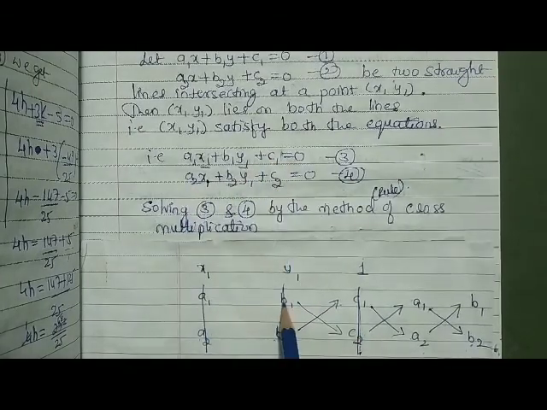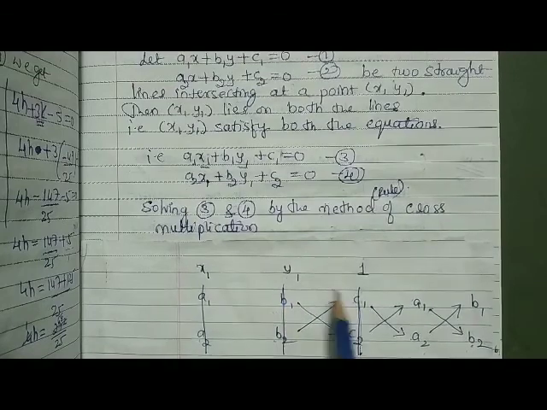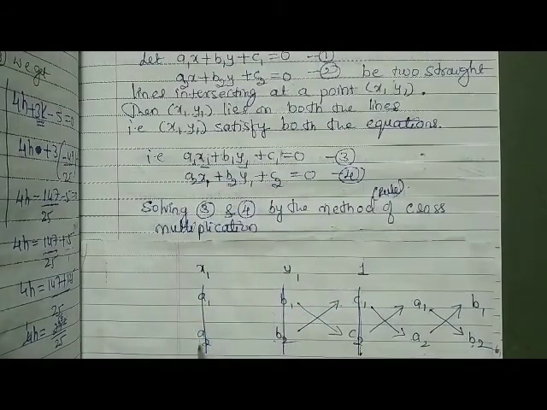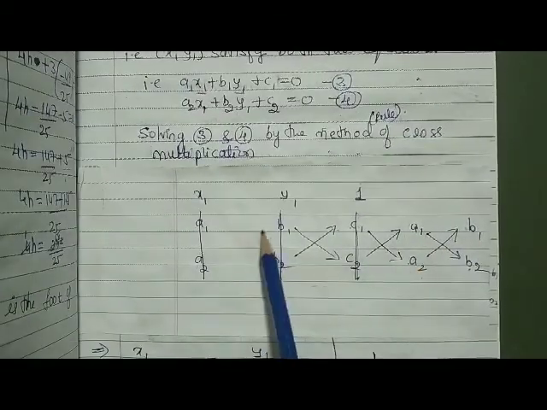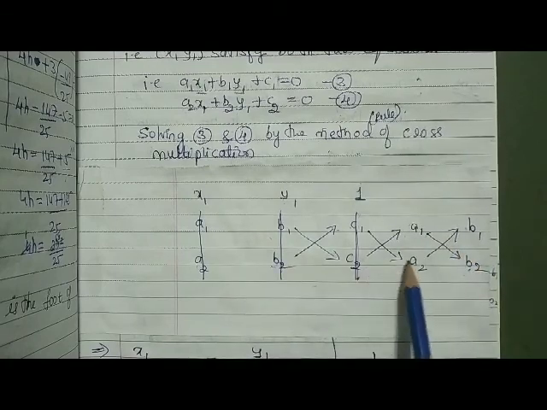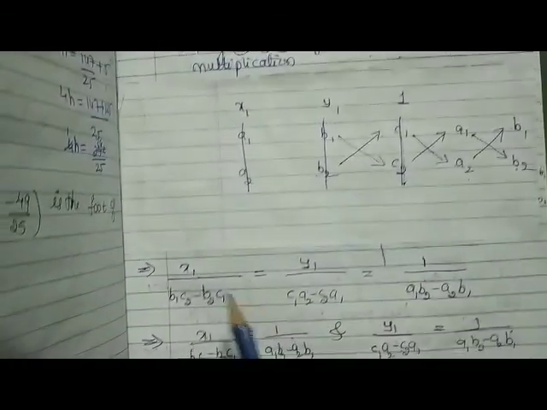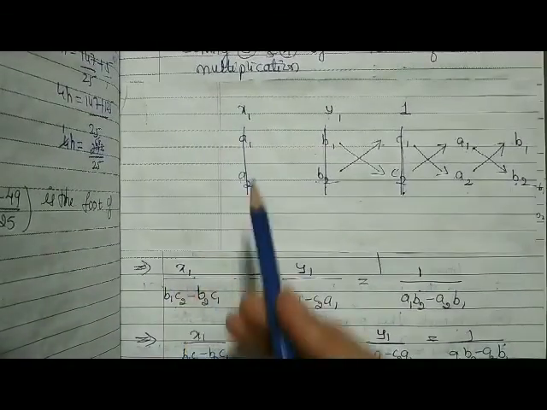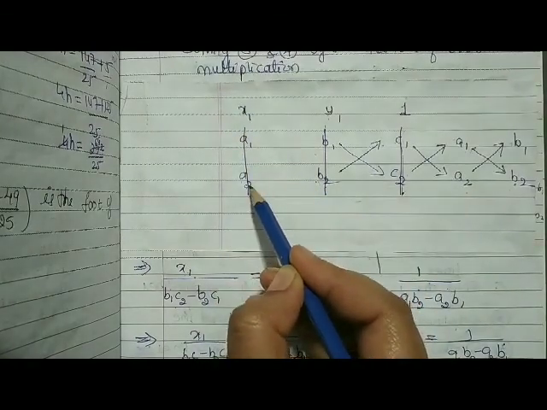So you write the coefficients a1 b1 c1 and a2 b2 c2. After writing these, next you have to repeat the first two terms, a1 b1 a2 b2. Okay, so in order to find x1 you have to delete that column.